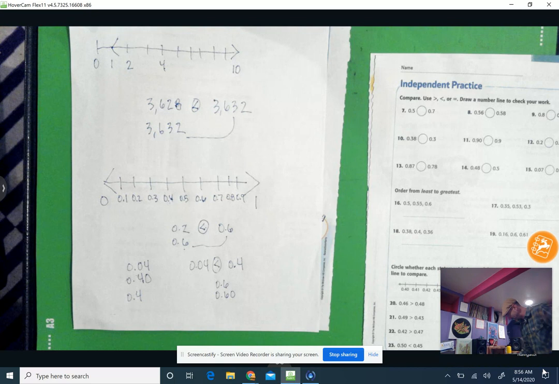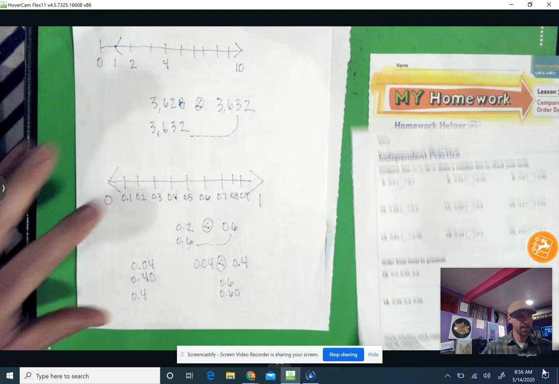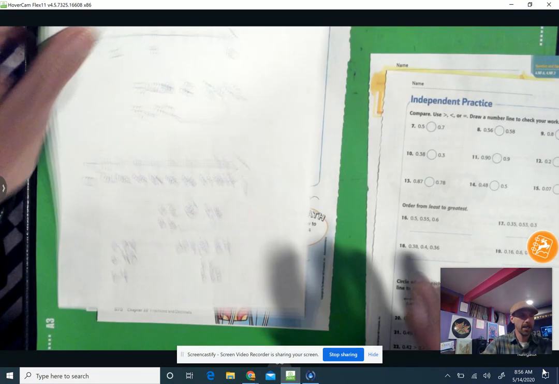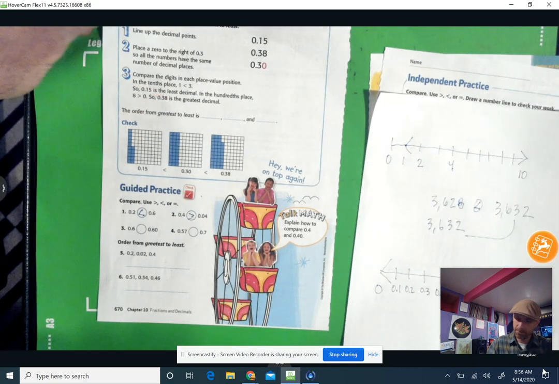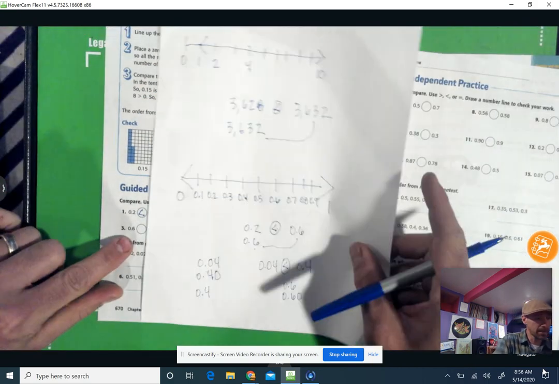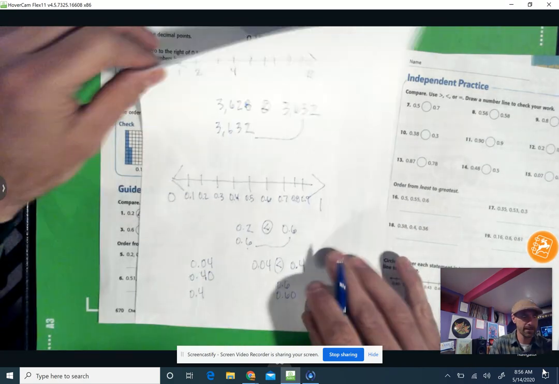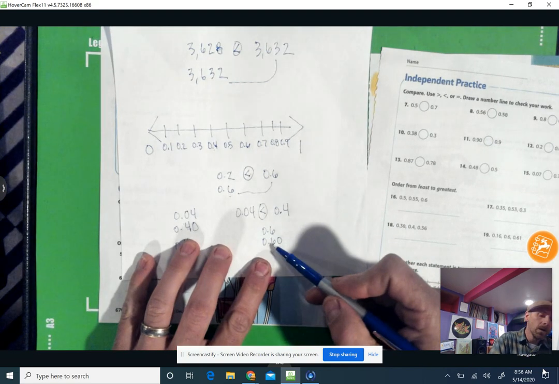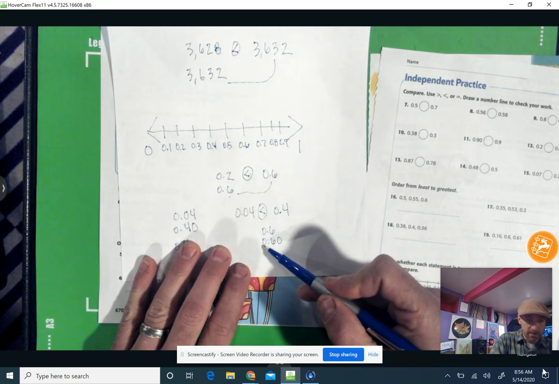And I just dropped my pen, so I need to pick it up. All right. So let us take a look at the next problem. Oh, no. Let us compare 6/10 and 60/100s. That's where I was at. Can't use the ones place. There's a 0 in the ones place.